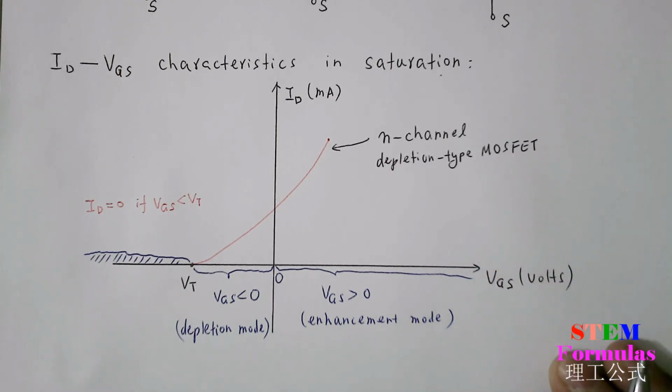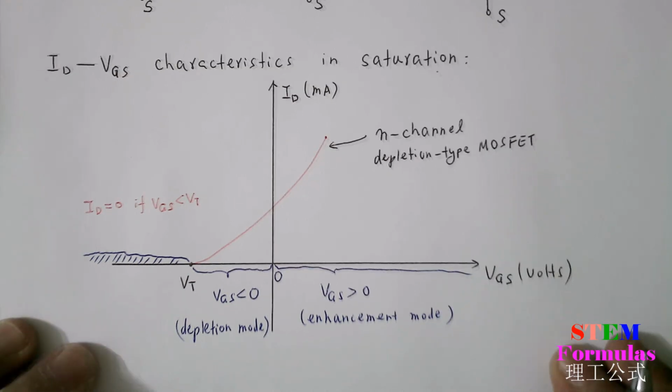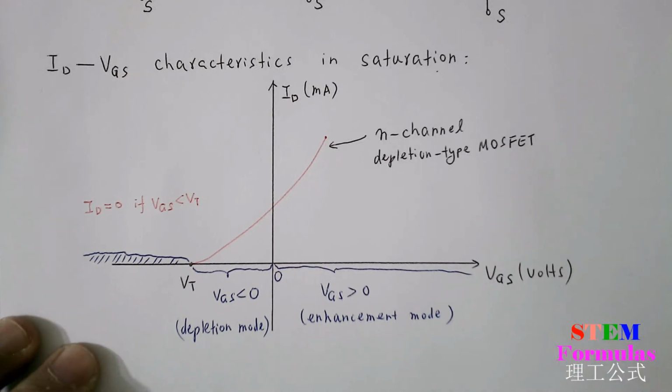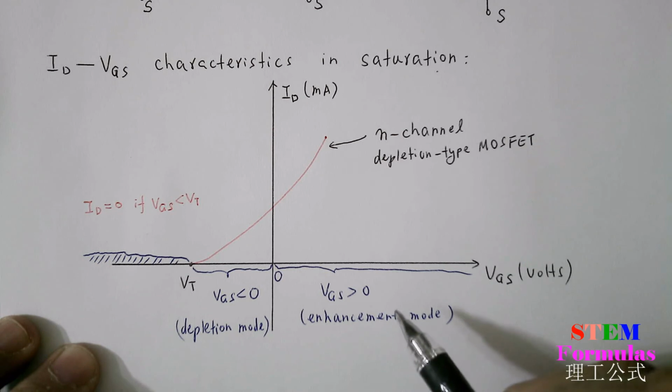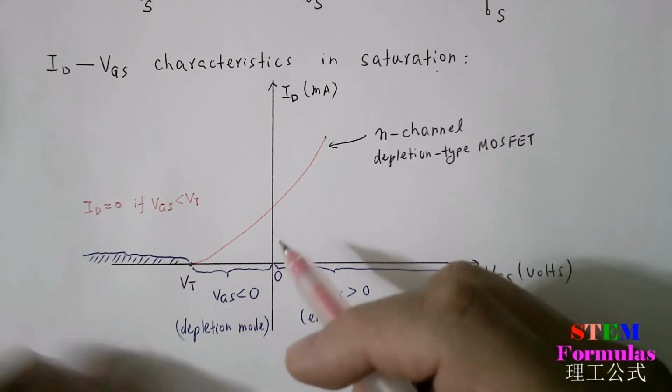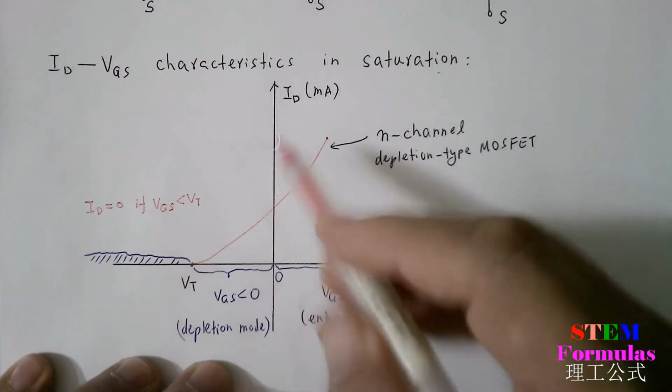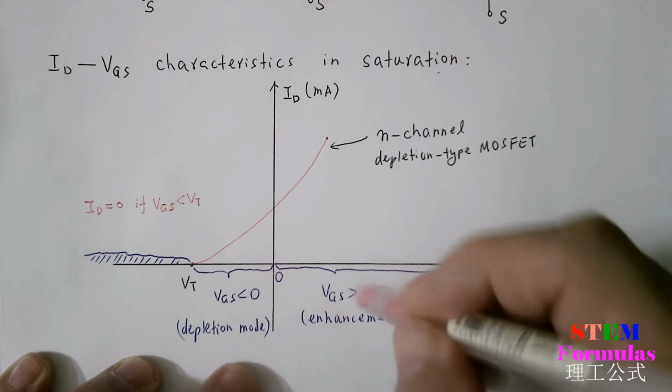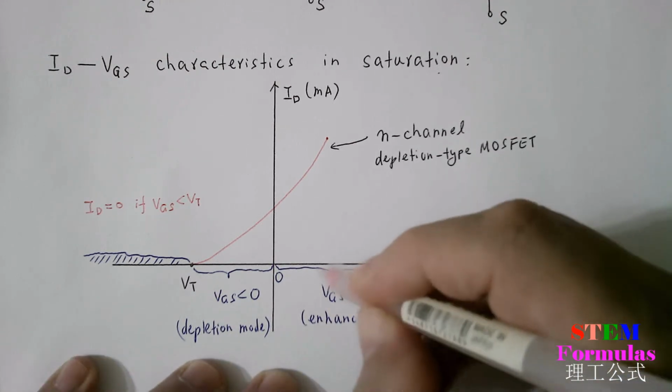Now, by the way, we can also, in comparison with enhancement type MOSFET, the ID VGS transfer curve is this.